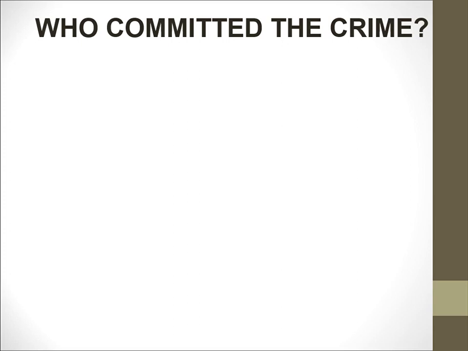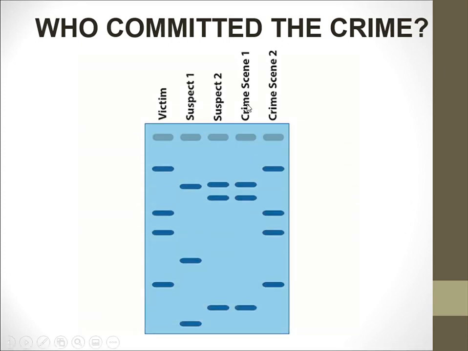So we have the victim, we can have DNA from the victim, we can have a sample of unknown DNA, and then you will normally have several suspects. And you need to be able to tell who potentially committed the crime. So here's an example. As you can see, the bands are much easier for us to see, and it's much easier for us to tell. In this picture, I've got the victim's DNA, two suspects, and then two unknown samples, one from crime scene 1 and one from crime scene 2, where the victim was involved as well.